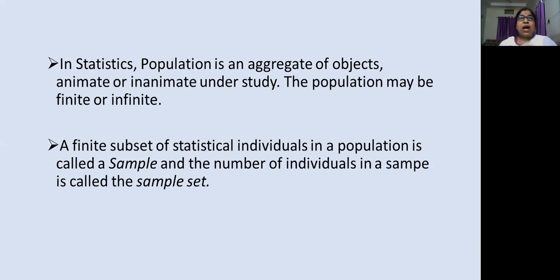That means I am doing a survey of the children between the age group 0 to 5 to know the child mortality of Telangana state. Now, let us say I have some 20 lakh children in Telangana according to my census who fall under the age group 0 to 5 years.